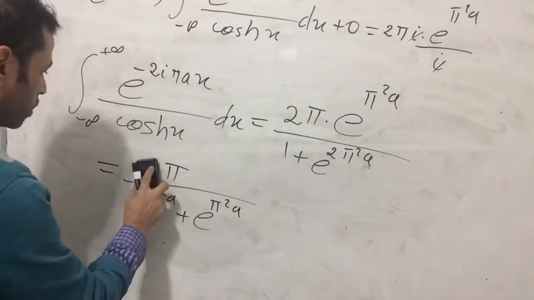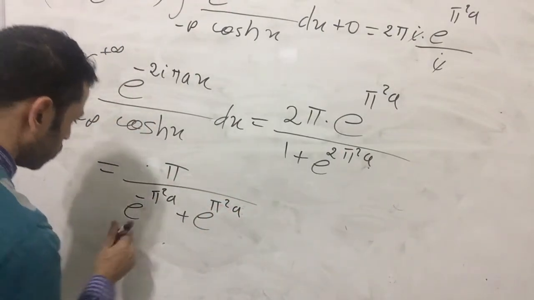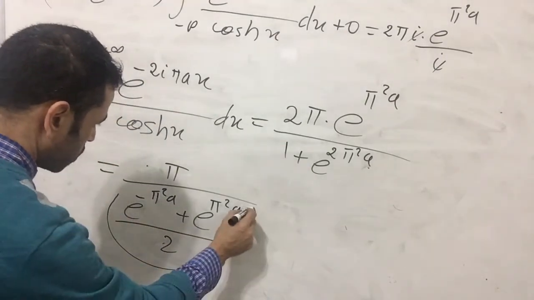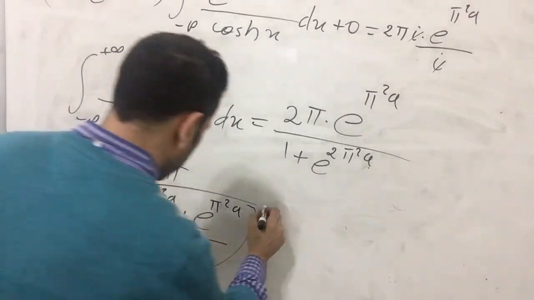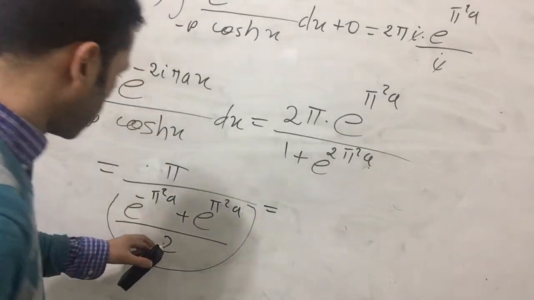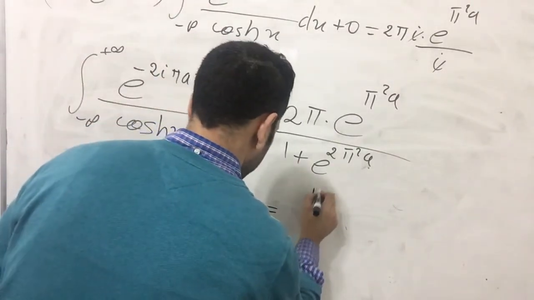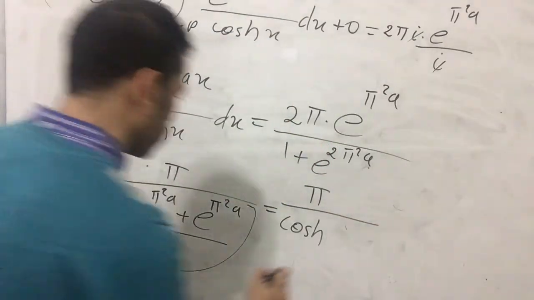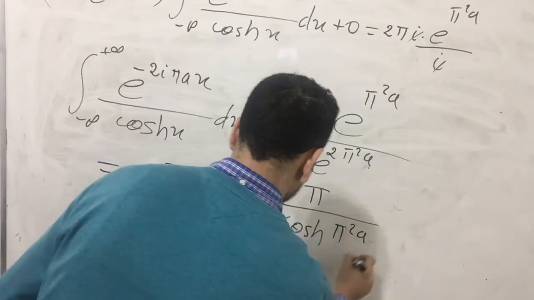I'm going to divide numerator and denominator by 2. This term is cosine hyperbolic function of pi squared a.